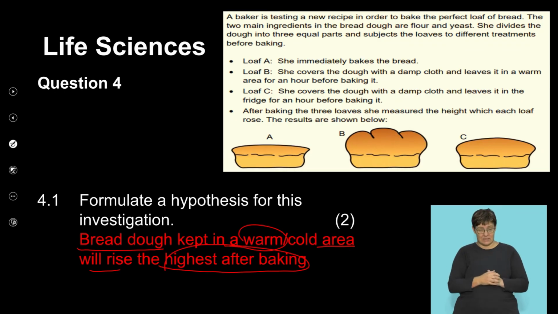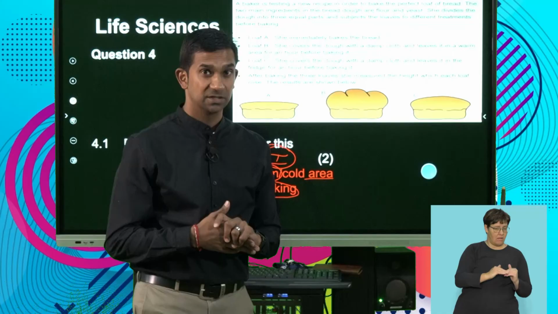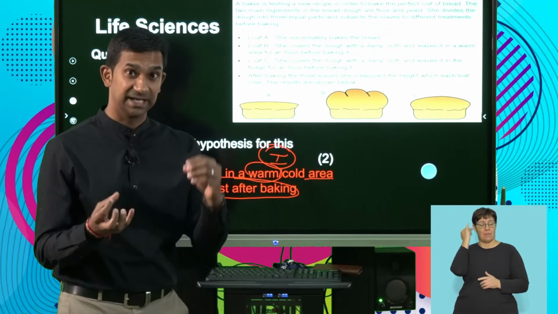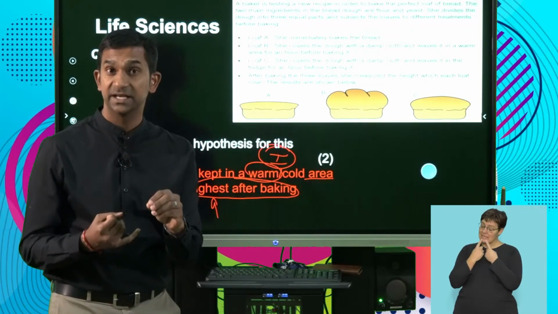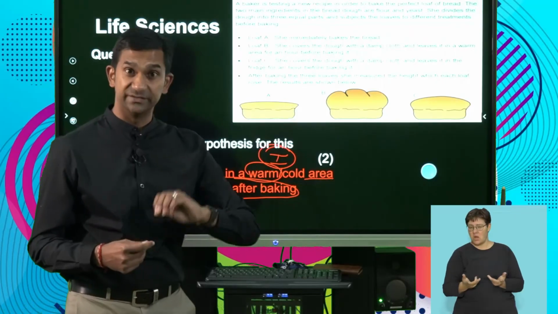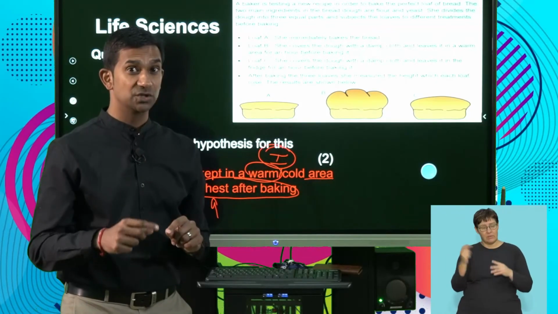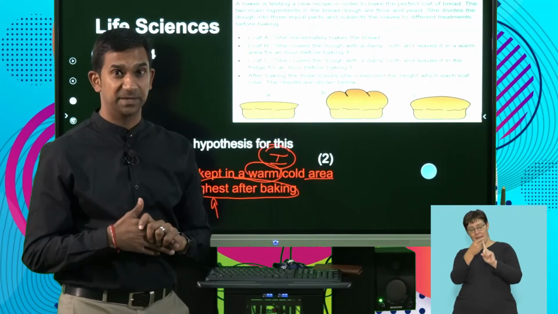And so what we've identified is the independent variable, which is the concept of temperature, as well as the dependent variable, which is the measurement of the height in terms of how much the bread rises. So that is a hypothesis. Again, it is a statement and not a question of intent, where you say to investigate or to determine or to find out. All of those would be the aim of the experiment.